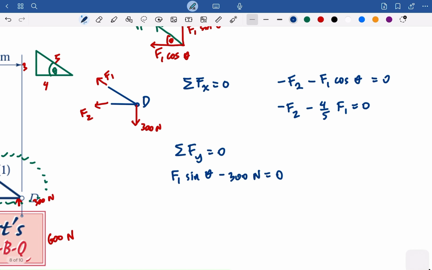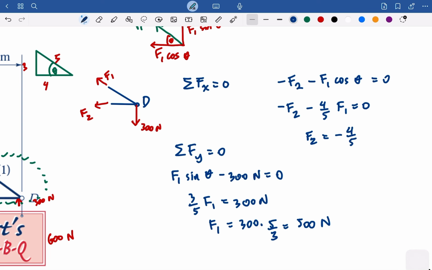Now sine is 3/5, so 3/5 F1 equals 300 Newton. So F1 is 300 multiplied by 5/3, which is 500 Newton. Because F1 is 500, F2 is negative 4/5 F1. F1 is 500, so this will be negative 400 Newton.